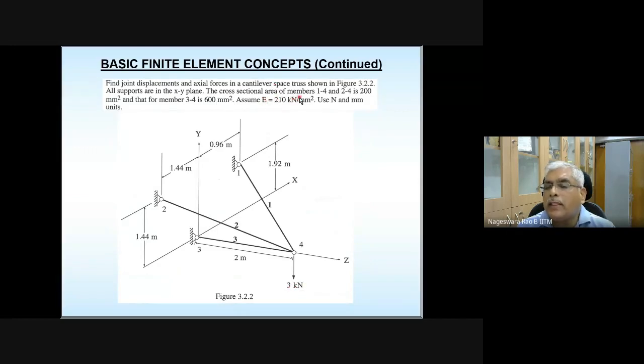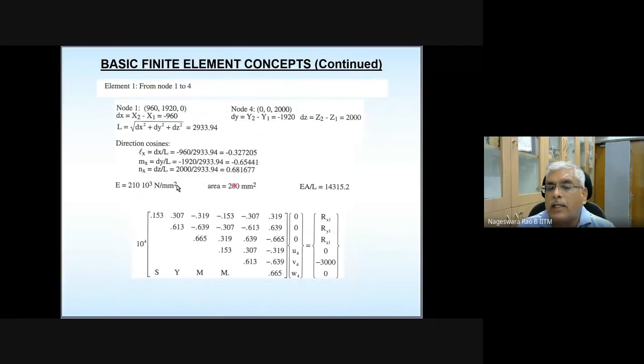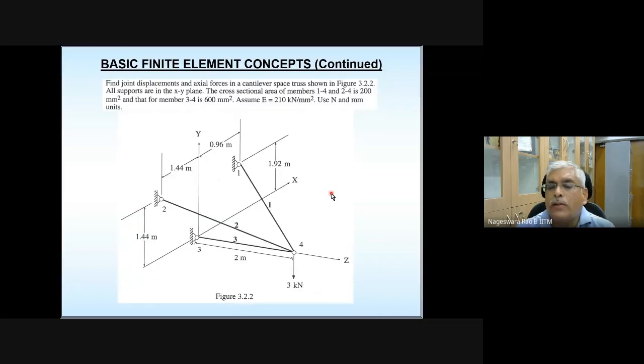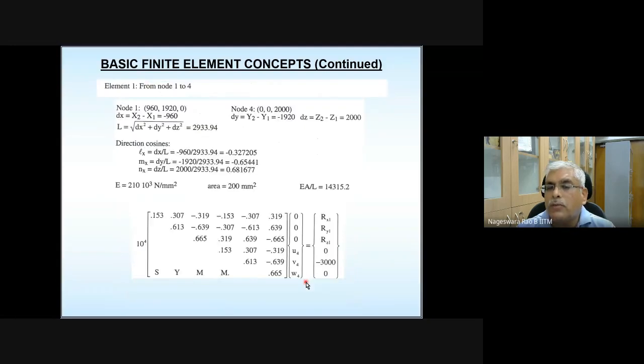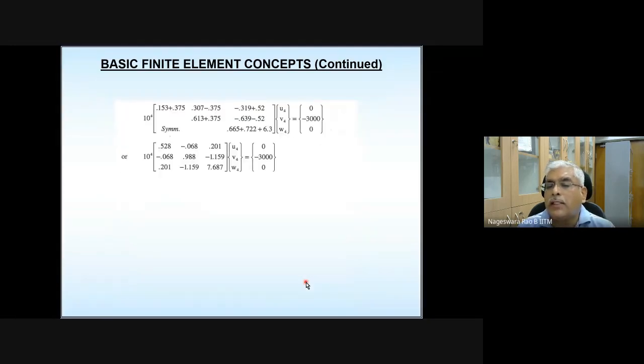Even though E is given in kilonewton per mm square, that is taken care of when we are calculating this. So instead of kilonewtons, we want to make it in newtons, and it's acting in the negative y direction. So that is what is plugged in here, minus 3000.